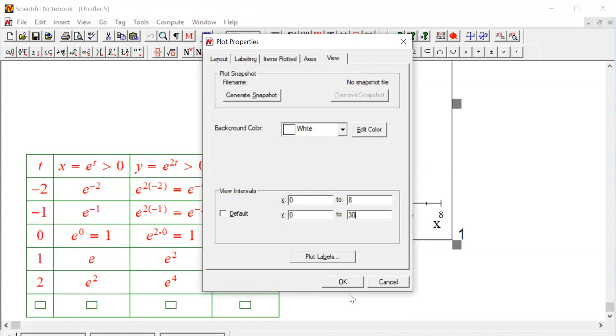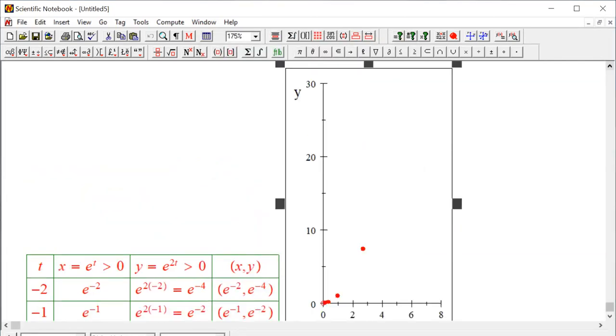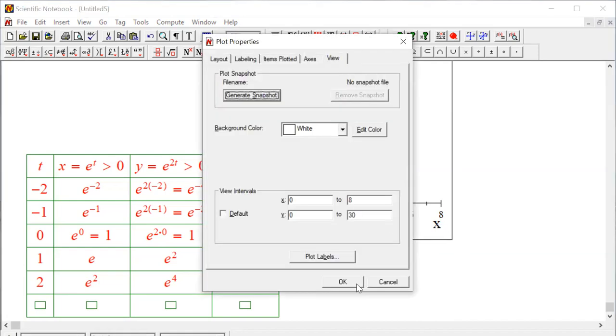So make it 30. Let us estimate, right? What is e squared equal to? E squared should be less than 9, but bigger than 8. Wait. So let me just change that to be 10.